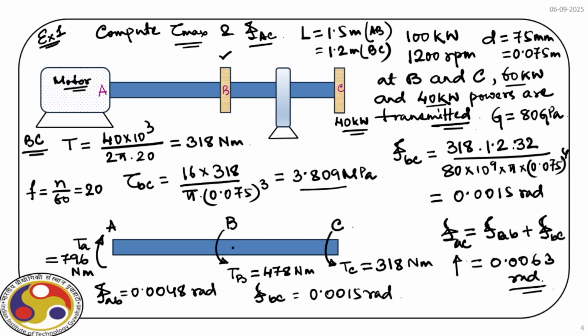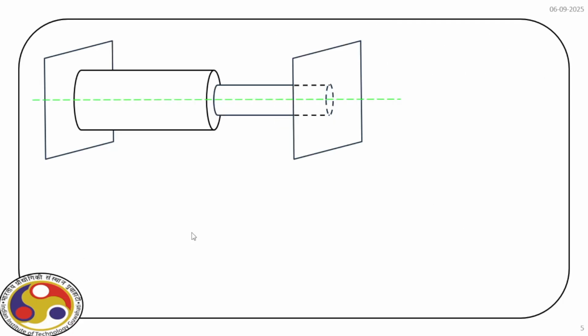Okay, so let us take a different example. In our second example, we have a shaft made of two different circular shafts. So let us mark, say, A, B, and C. Two ends are fixed, so this is fixed, and this end is also fixed.